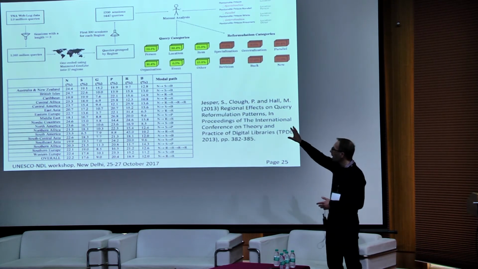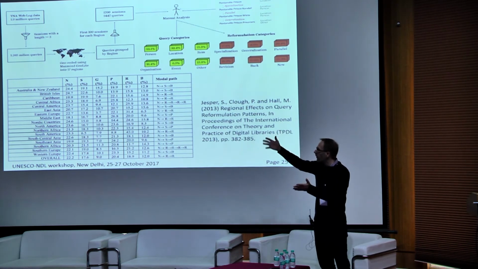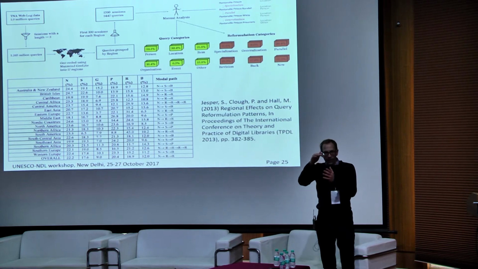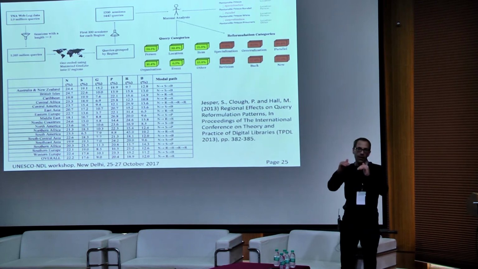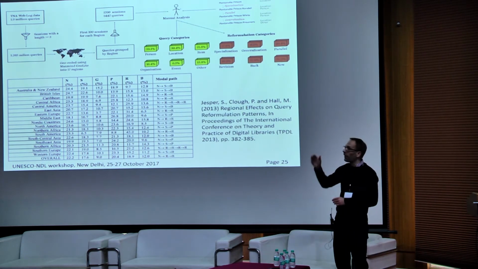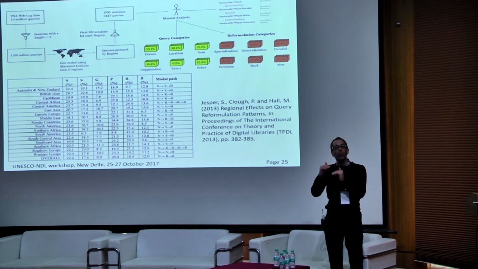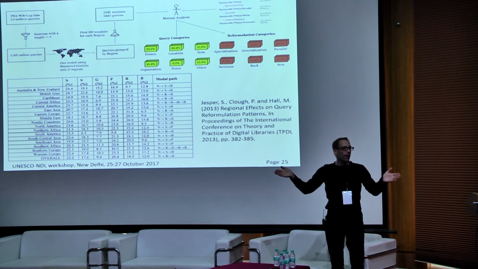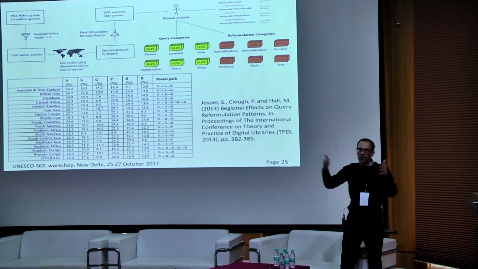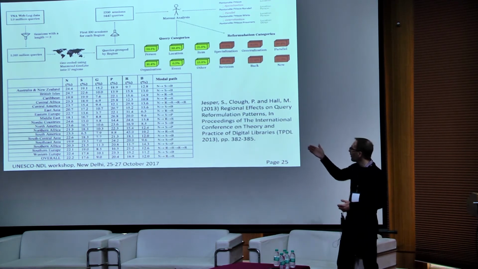And in this little study, it's only a fairly small piece of work, but we basically took a sample of data, we took sessions, and then we actually manually analysed the sessions for queries, types of queries, whether they're names of people, places, and so on. But then we looked specifically at how people were reformulating. Okay, so sometimes people will generalise the query, sometimes they'll specialise the query, sometimes they have to fix the query. And often we see fixing going on.